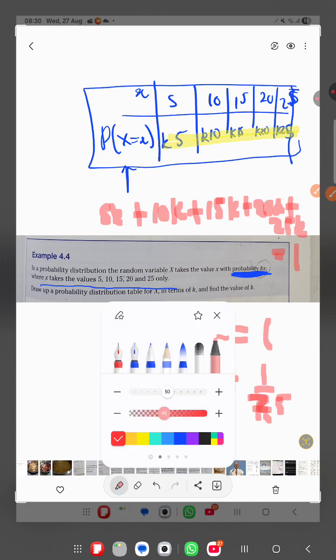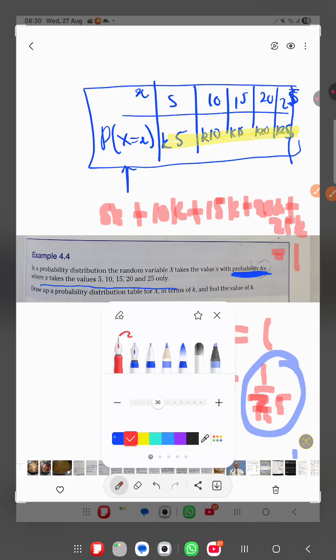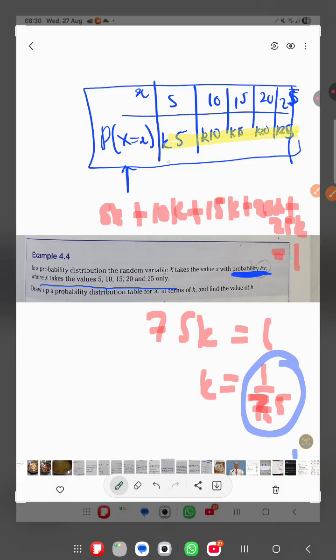And therefore, it's quite easy for you to fill in the probabilities now, right? You know k is 1 over 75. So what are the probabilities? You don't need to do it in this question, they haven't asked you to do it. But for example, this one would become 5 over 75.